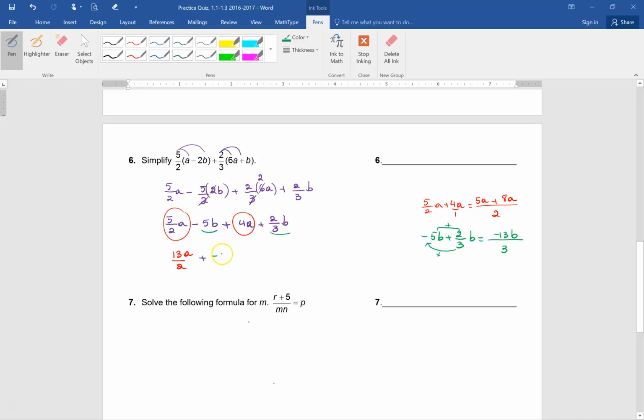That's the shortcut. So you do the numerator added to the number and then the denominator. Times, plus, times, plus. So now you're done because you can't do much more with that. So it's 13 over 2a minus 13 over 3b.